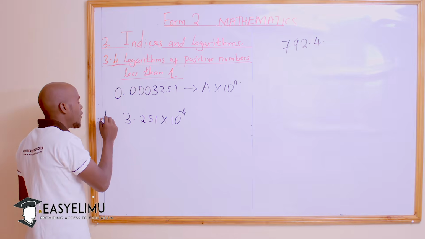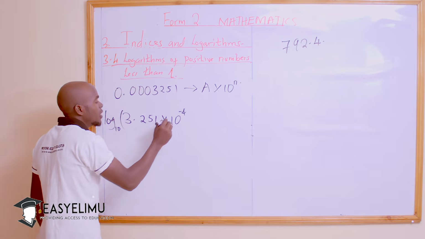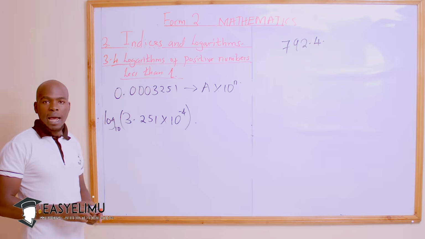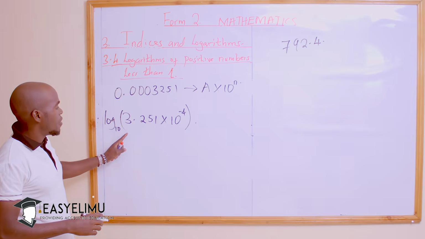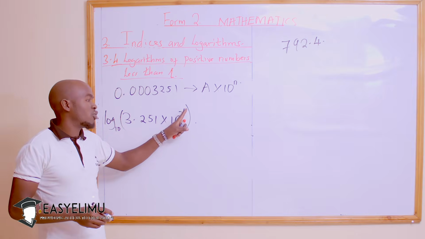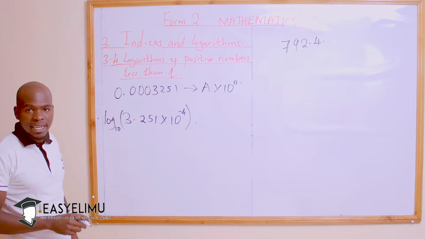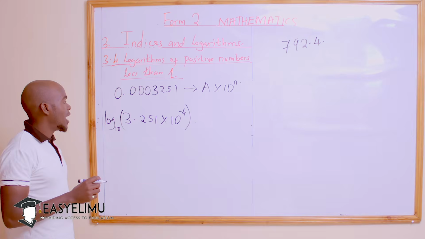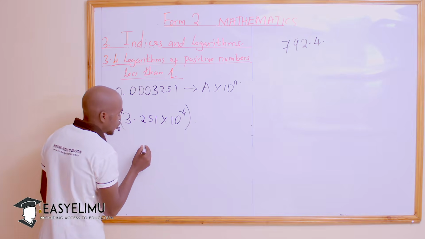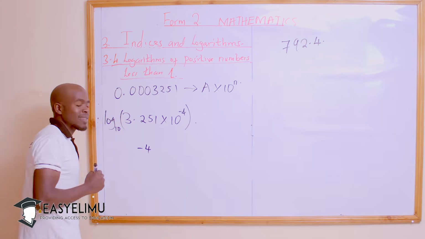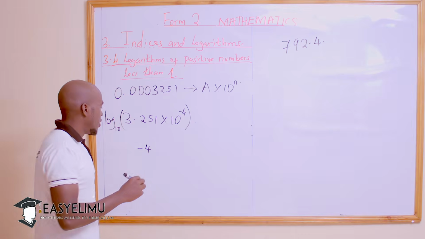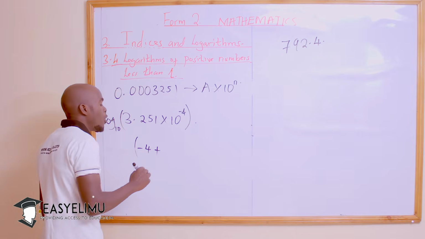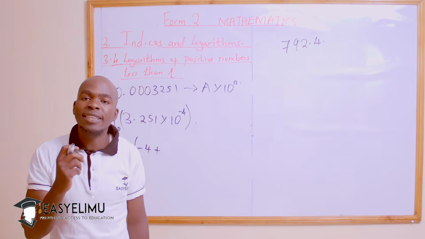And in case you want to find the logarithm of that number to the base of 10, then this is what happens. First, find the logarithm of 10 raised to negative 4. You will find it is the index, and that index is negative 4. So you will have negative 4 as the characteristic part. Then you have to find the decimal part, or what we refer to as the mantissa part.